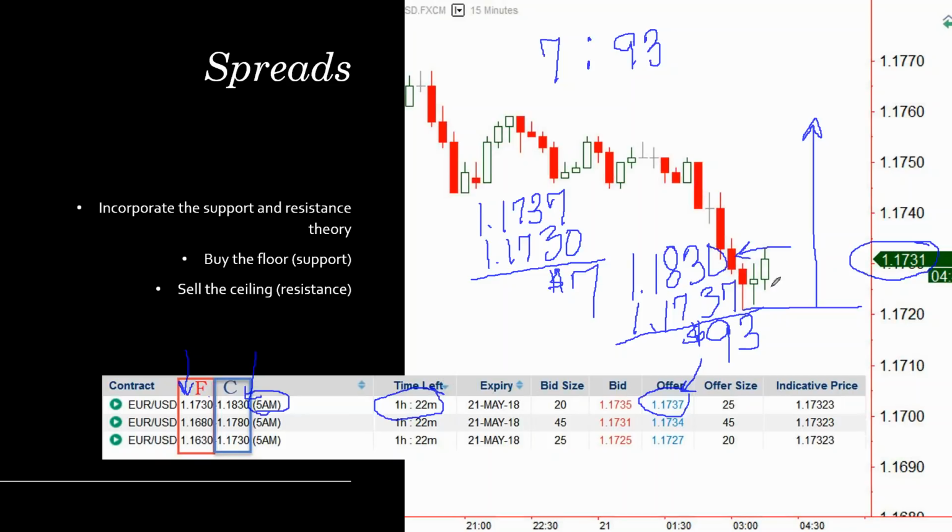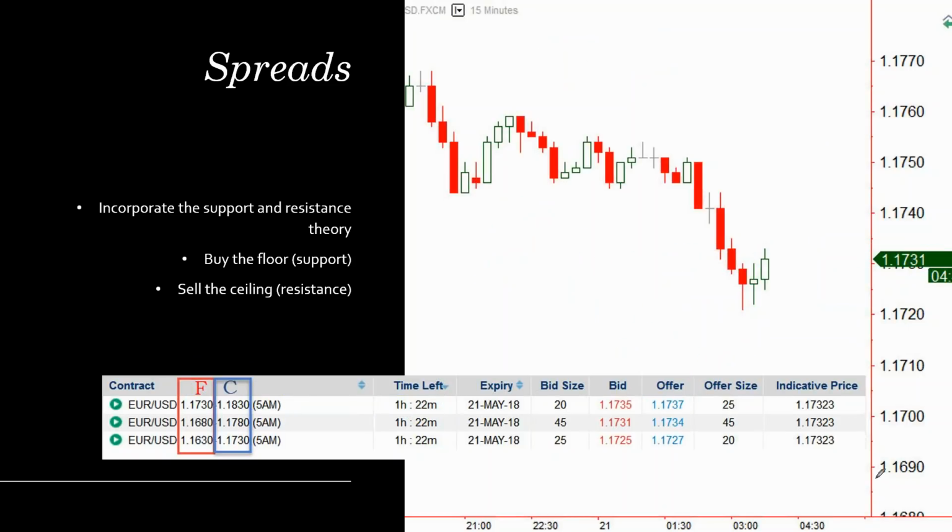All right. What if you thought, well, I don't believe it's going to go up. I believe it's going to go down. In other words, your belief is that this area is going to serve as resistance. Resistance equals ceiling.